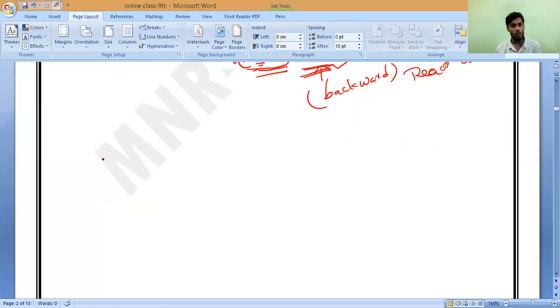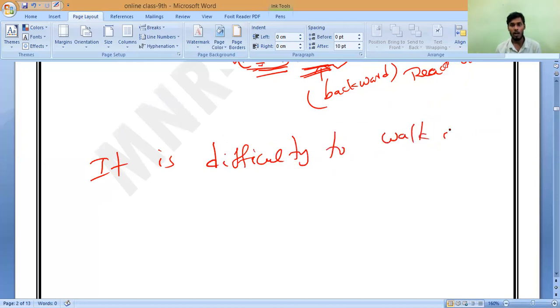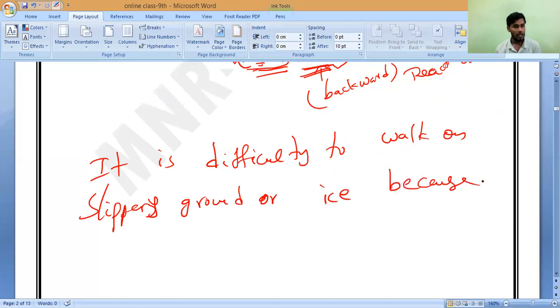So that is the reason behind it. Why do we feel difficulty to walk on ice or slippery ground? All of you must know that. It is difficult to walk on slippery ground or ice because we cannot produce a backward force.